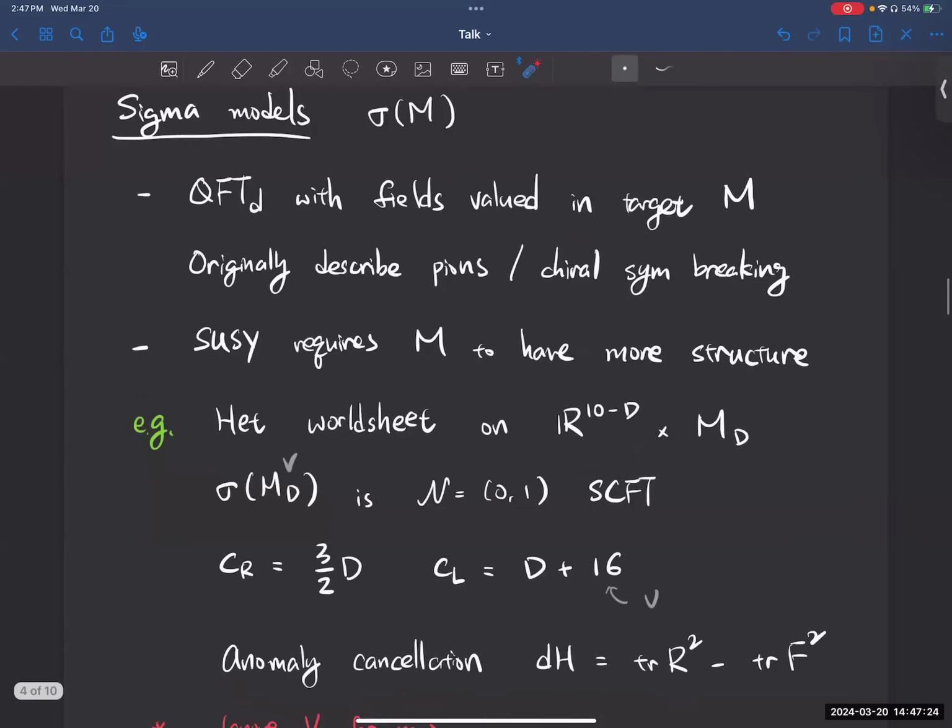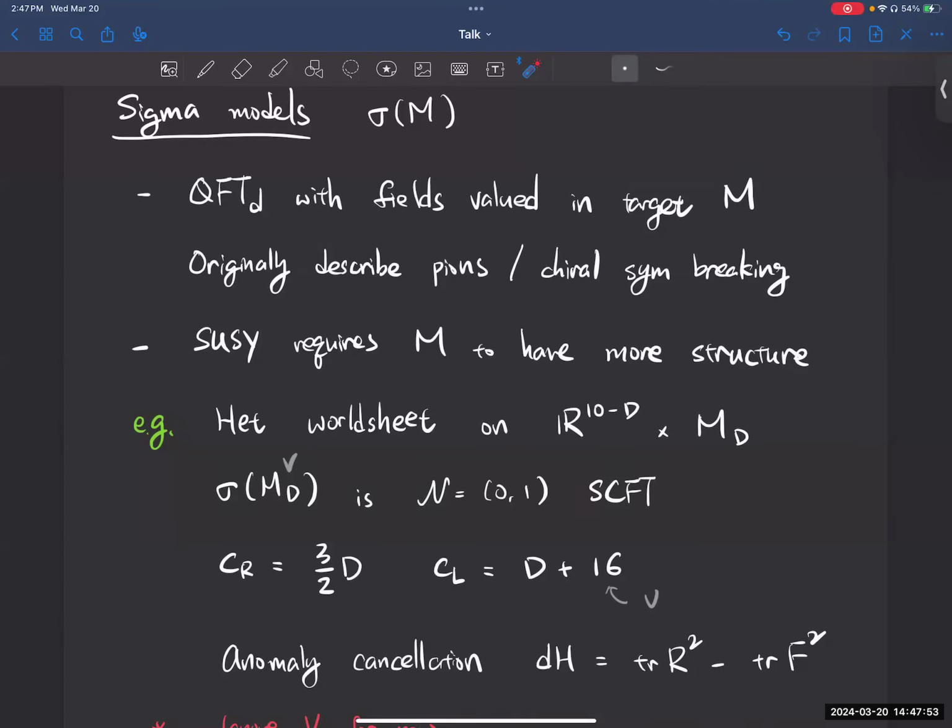Now, here I'm talking about nonlinear sigma models. And this is actually a very tricky business if you also want your system to have supersymmetry. When you have supersymmetry, you necessarily need fermions. And we know that when your system has fermions, there can be all sorts of anomalies one has to worry about.